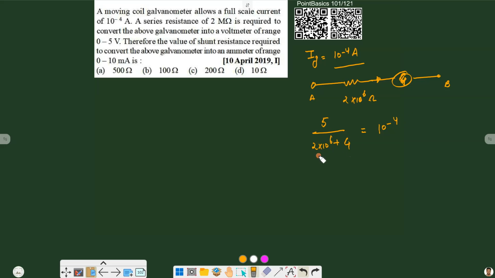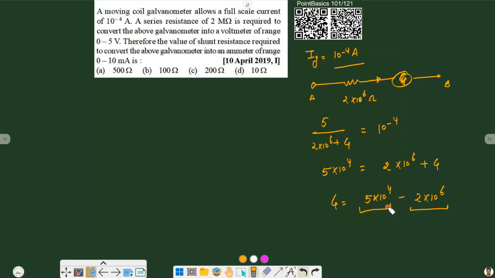So using these values, it will become 5 into 10 raised to power 4 is equal to 2 into 10 raised to power 6 plus G, and from here we can see that G will be 5 into 10 raised to power 4 minus 2 into 10 raised to power 6, and we know that this term is bigger and this term is smaller.